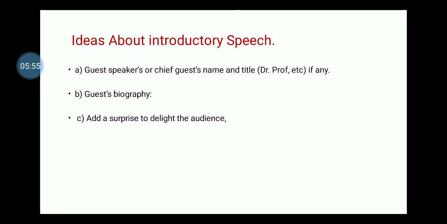Second, guest biography: in short, we should summarize the biography of that eminent person. And third, add a surprise to delight the audience, for joy and pleasure of the audience. These are the aspects we can add into the introductory speech.